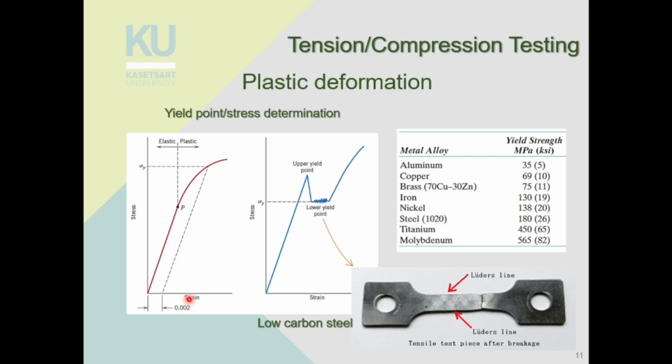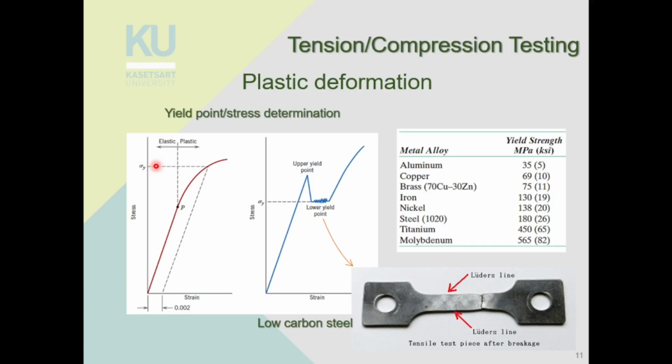Nowadays, we can measure in more detail than that, but we still use this as a criterion. So we measure a permanent strain of 0.002, draw a line parallel to the stress strain curve, and where it intercepts the stress strain curve, we get the yield strength of the material.